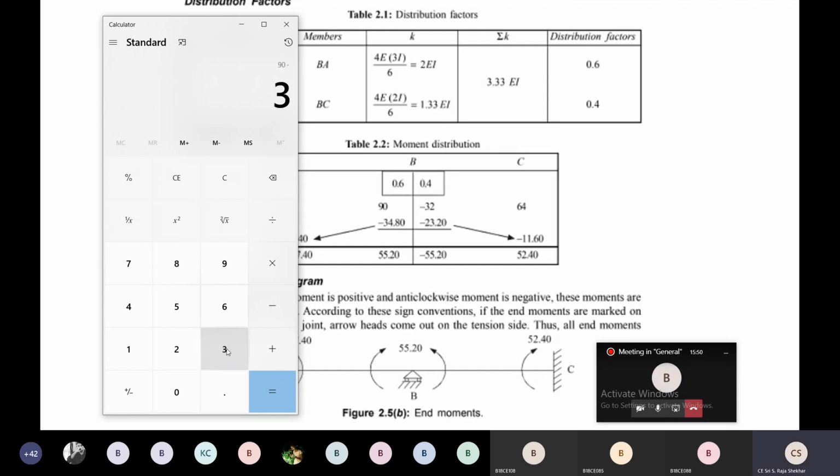From 90 you deduct 32, you will get 58. So the unbalanced moment is 58.